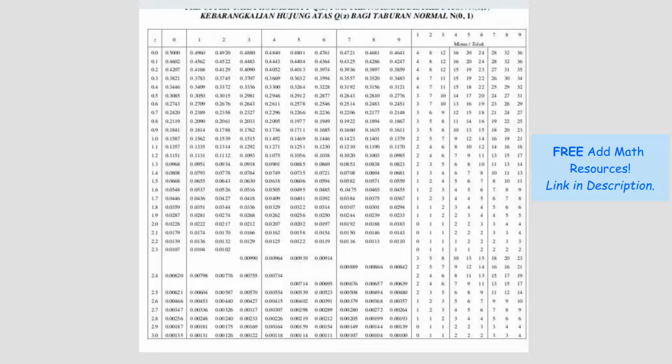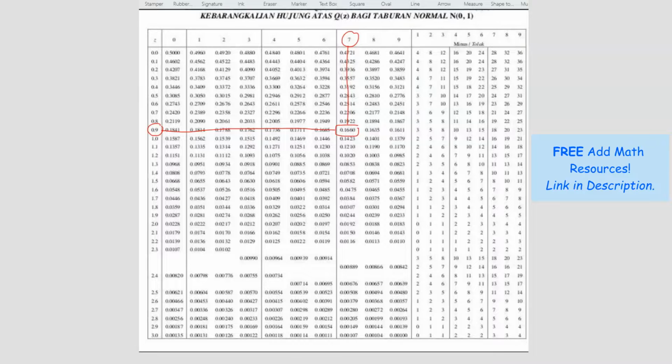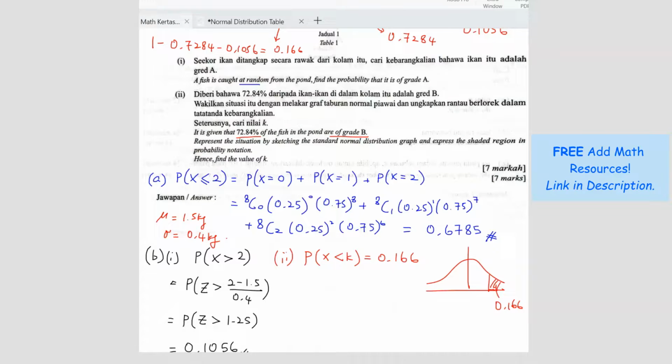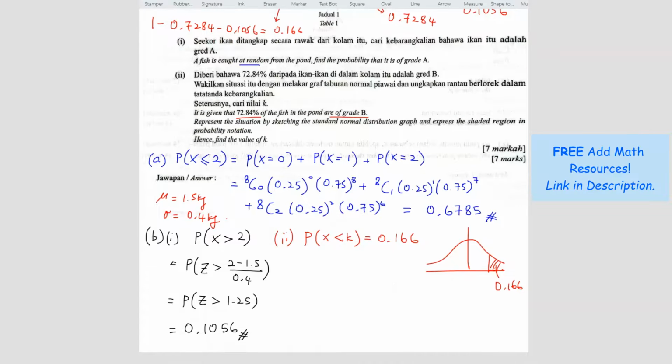But 0.166 is here, 0.1660. So we are taking 0.97.